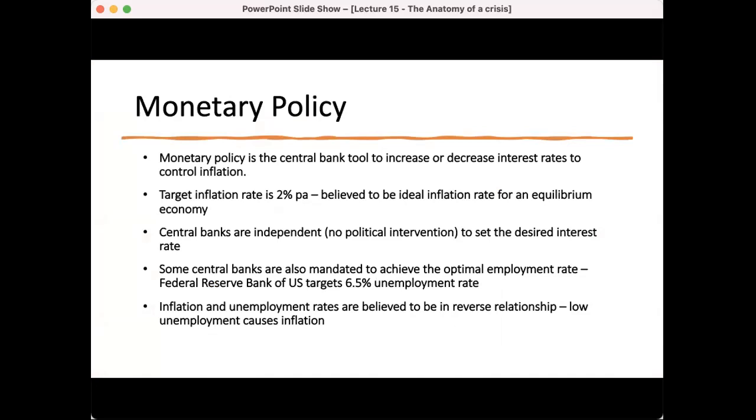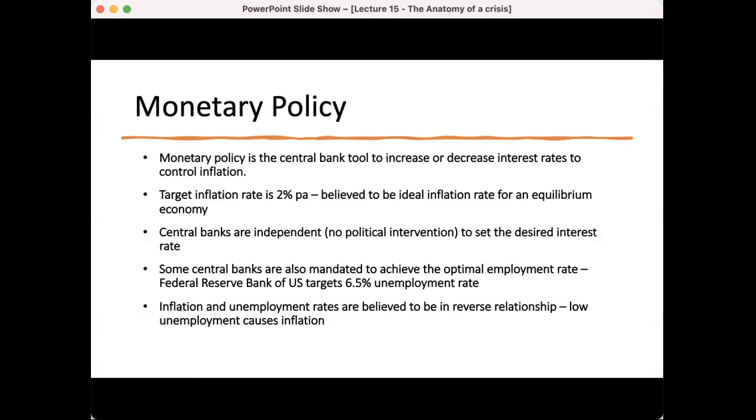So I think it's probably opportune for us to remind ourselves about monetary policy at this point. Monetary policy is the central bank tool to increase or decrease interest rates to control inflation. If the economy overheats and inflation goes up, then the view is that by increasing interest rates, that will cool down the economy by slowing down activity, which will dissipate inflation.